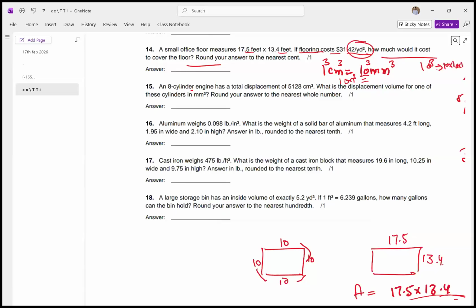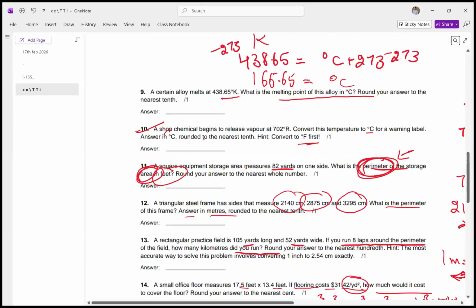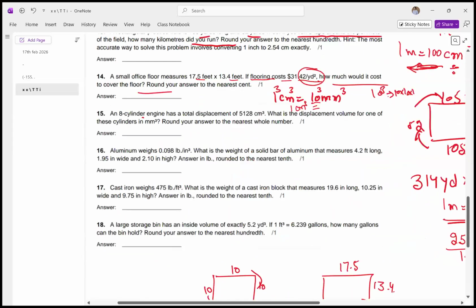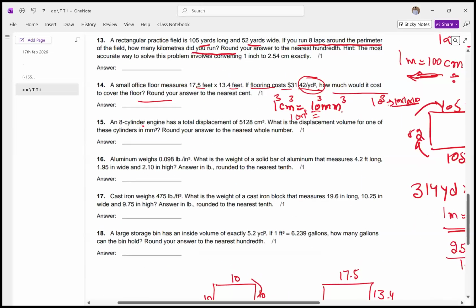That's what it means. So this means 10 times 10 times 10. All right. So what I mean by this is 1 cubic centimeter is equal to 1000 millimeter cube. All right. That's what you're going to get.